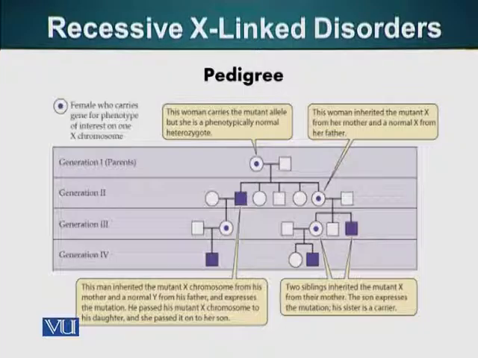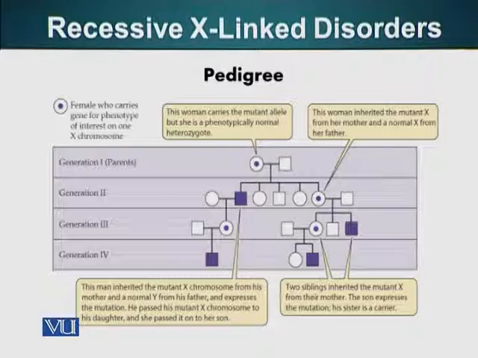You can see she has two sons, one is affected, the other is normal. When this male forms gametes, he cannot transmit this disorder to a male son, but since this male has a female daughter, she is the carrier of that defective copy of the gene.